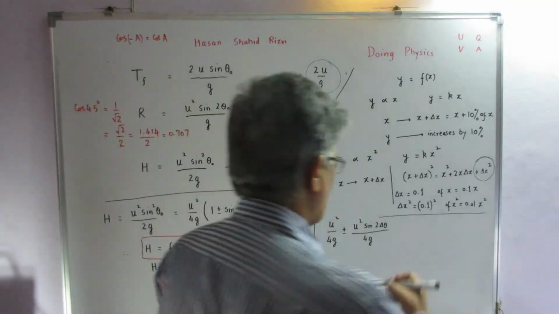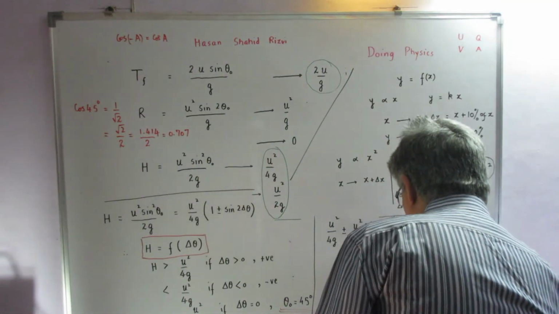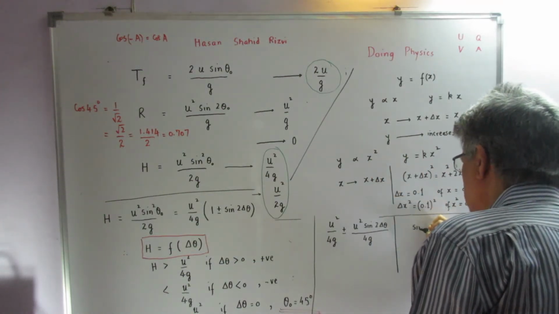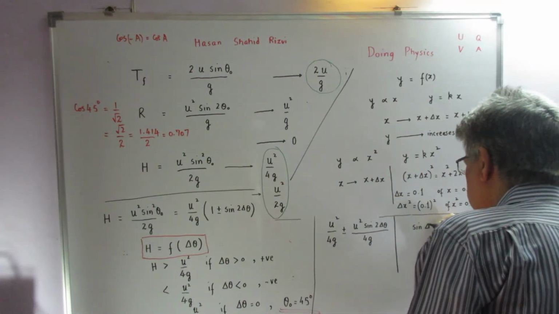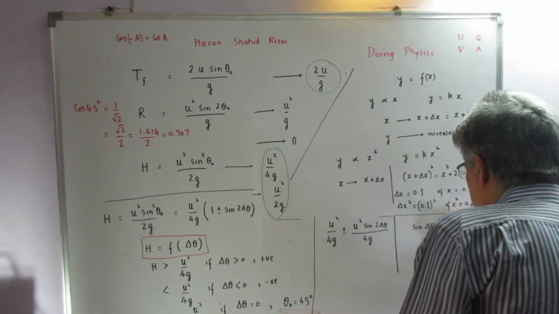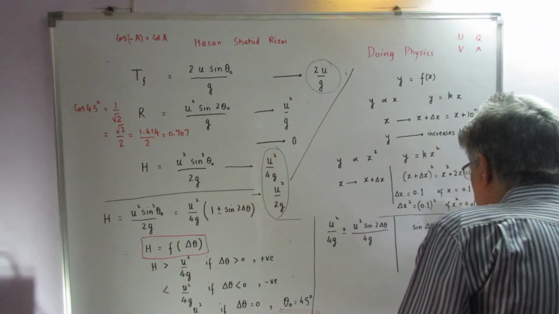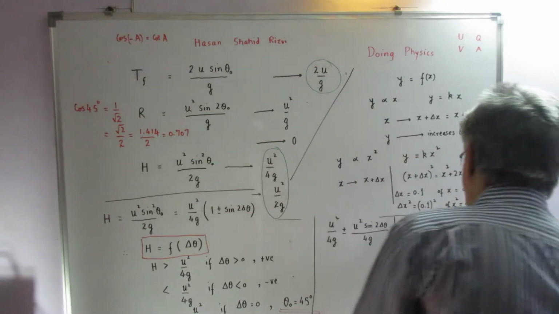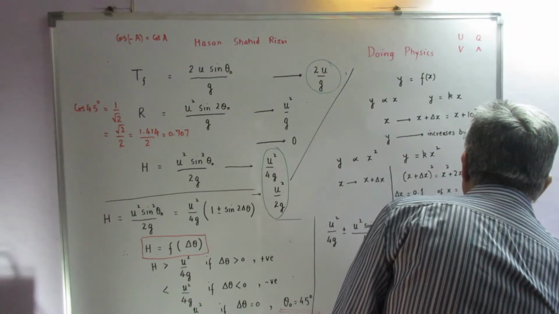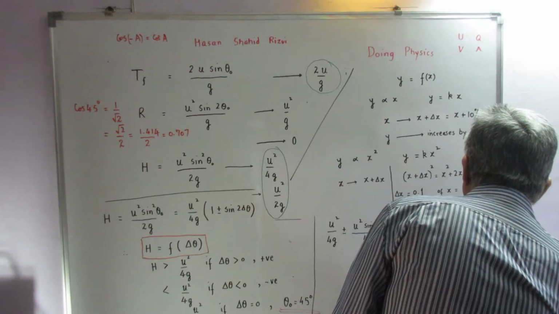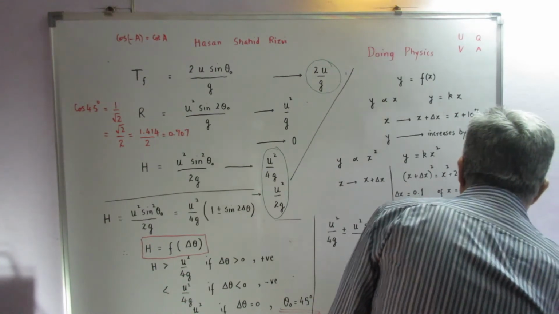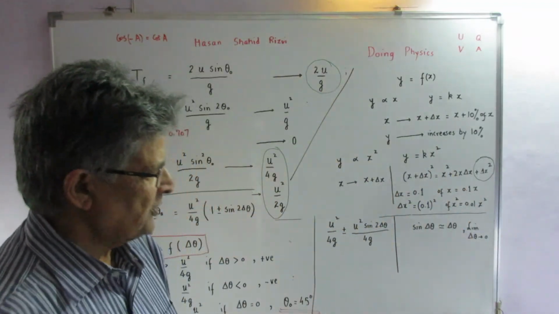Now friends, remember and look into it. What I am going to tell you is that sine delta theta is approximately equal to delta theta in the limit delta theta tends to 0. It's very close to 0, 0.1%, 0.2%, whatever the value.